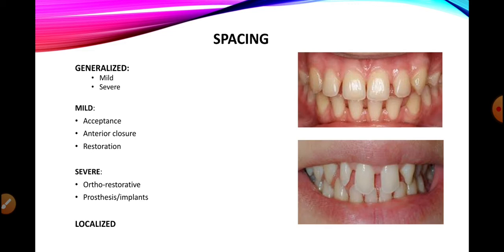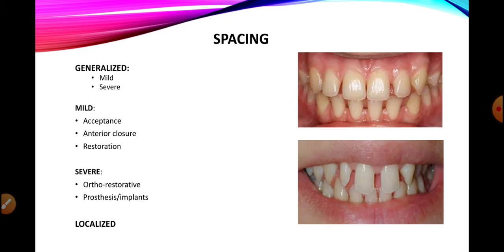very difficult to treat, and there's a tendency for the spaces to reopen. More than the difficulty, what lies in the treatment of generalized spacing is the tendency of relapse, the tendency of reopening unless a permanent retention is there.